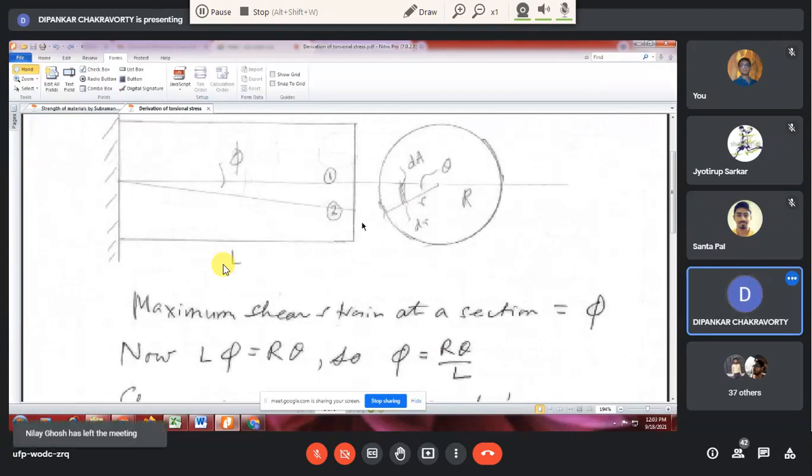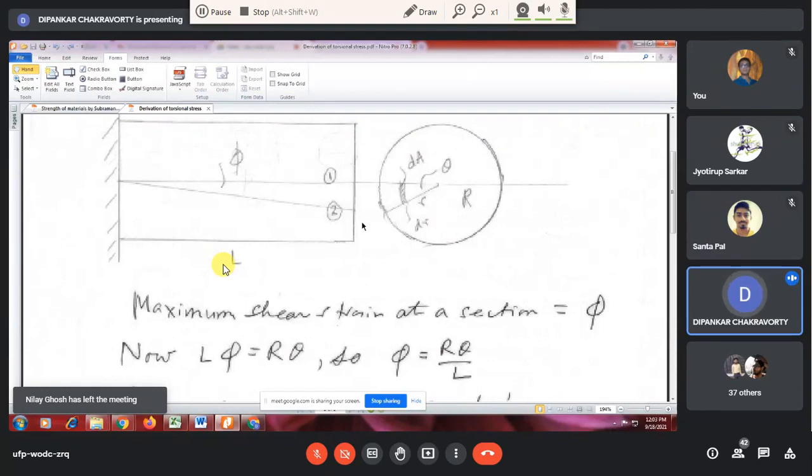The amount by which the periphery rotates from position 1 to position 2, you can get from two points of view. One is from the shear strain point of view and another from the angle of twist point of view, and they will be of the same magnitude. L phi will be equal to R theta.